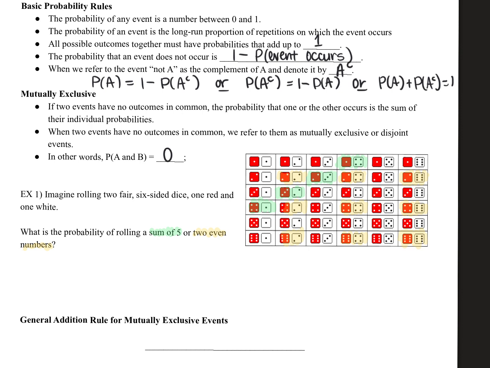One thing we noticed though, so this is going to be event A and this is going to be event B, is that I did not have any overlap. I highlighted different things. So my probability of A and B, getting a sum of 5 and 2 even numbers, does not happen here. These are mutually exclusive events.